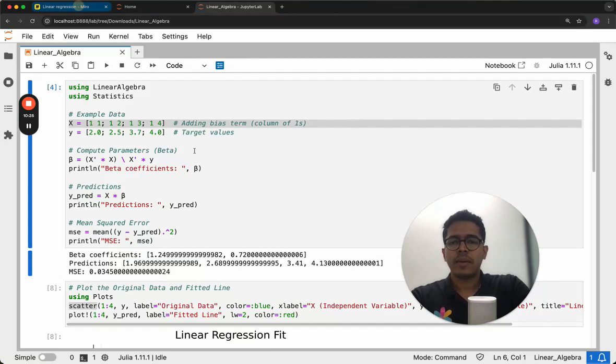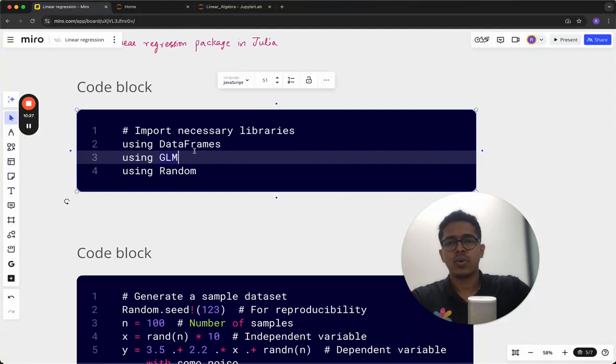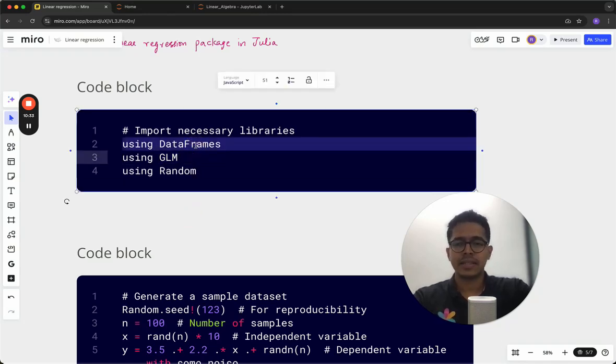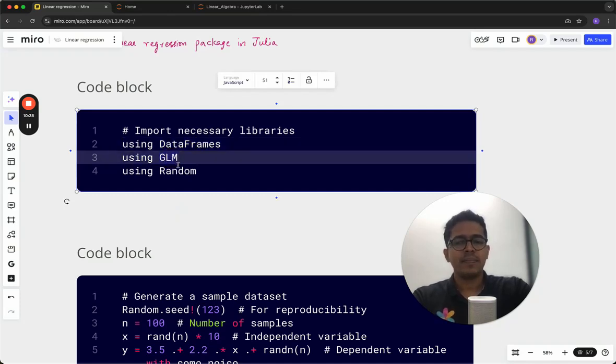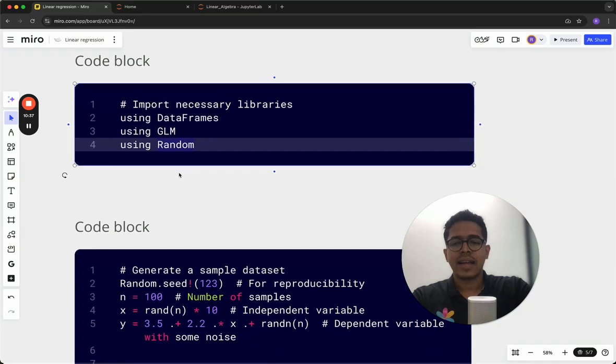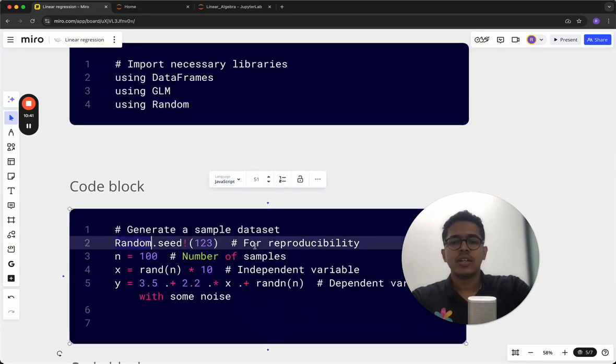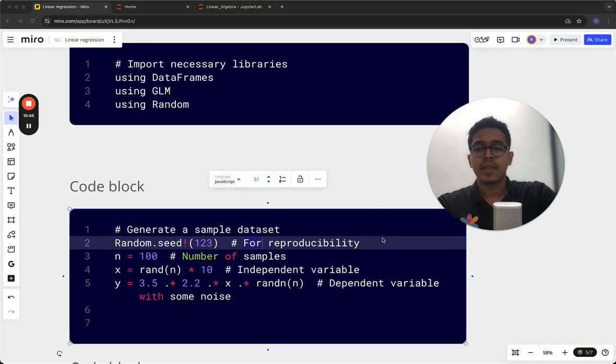Let me show you the code first. In the first code block, we are importing the libraries: DataFrames for storing the X and Y DF, then GLM, and then Random, which is for the random seed. This is for reproducibility when we are running the code and creating random input values.